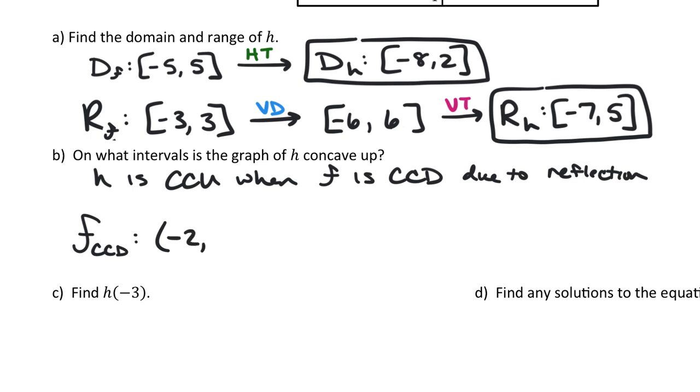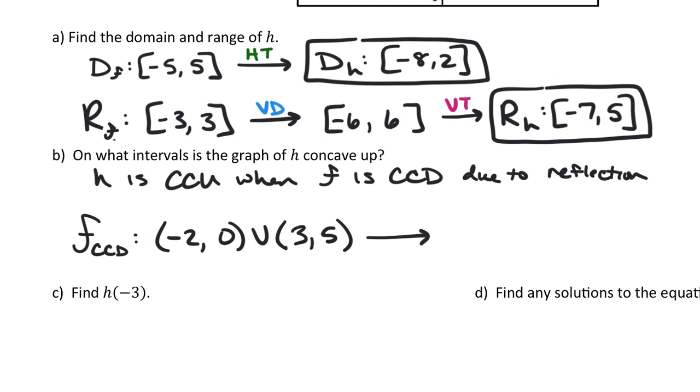-2 to 0. Or where else? Concave down on F. 3 to 5. Okay, those are the places where F is concave down, which means those are the places for H where it is concave up, except we're also transforming it again.